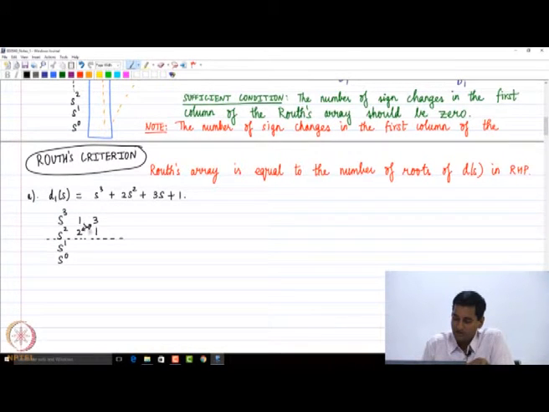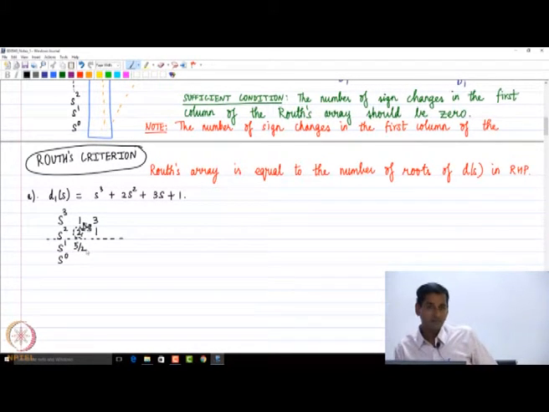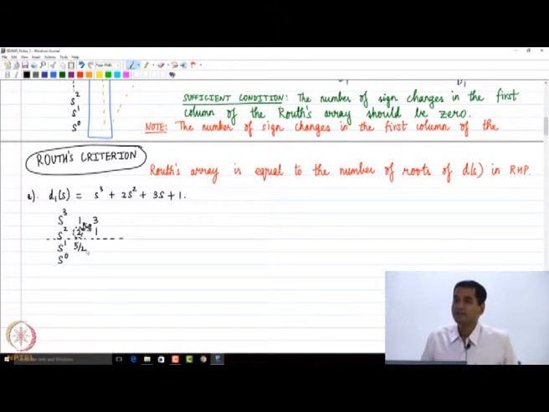I multiply 1 and 1, I get 1. So 6 minus 1 is going to be 5, and I divide 5 by 2. So I get 5 by 2. Would I have any other entry in the s power 1 row? No, because there is nothing to the right of the column 3 and 1. That's it, I stop here.